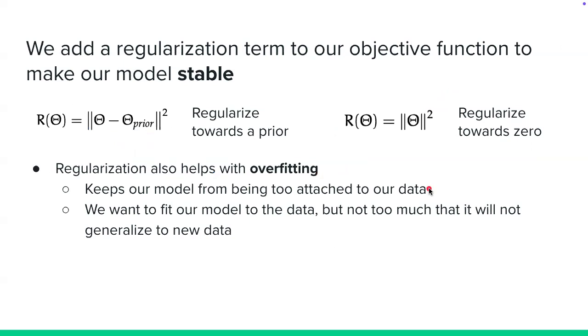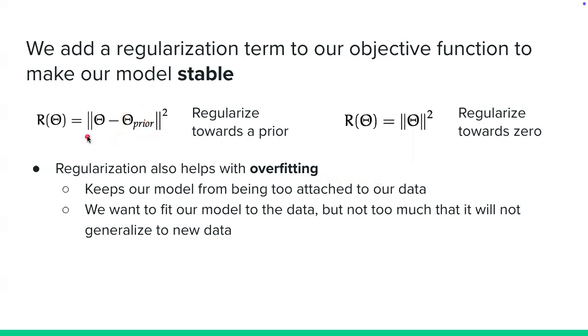So to do this, we are going to add a regularization term to our objective function, and that is going to make our model stable. So sometimes, if we know what we want to regularize towards, this is called a prior.